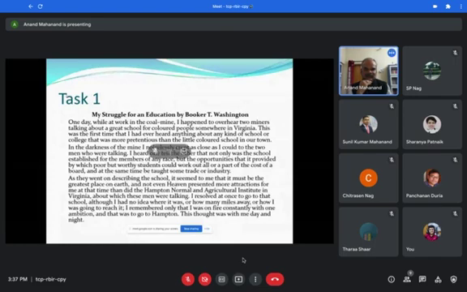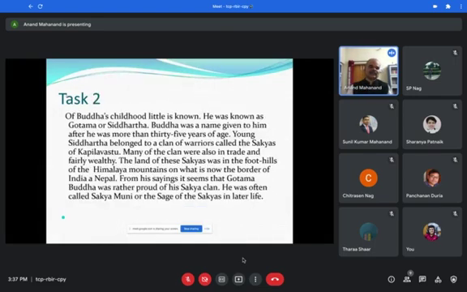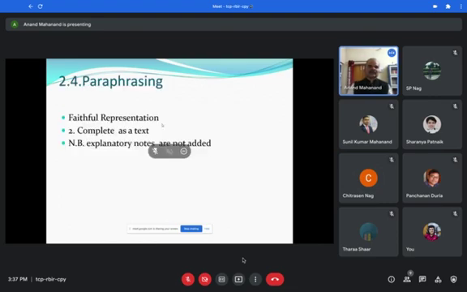Task 1. Okay, this you can do at home. I gave this task to you. You remember this? Of Buddha's childhood, little is known. You might remember this. Summary of this. Very good. So paraphrasing is also like summary, but it is a faithful representation of the original.